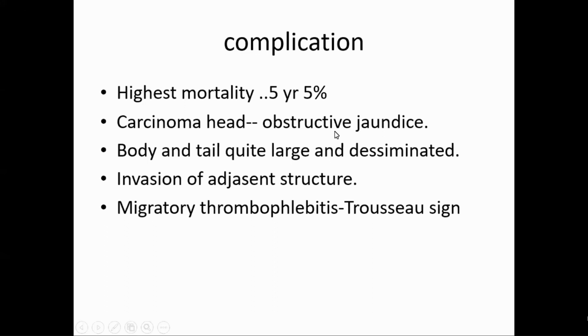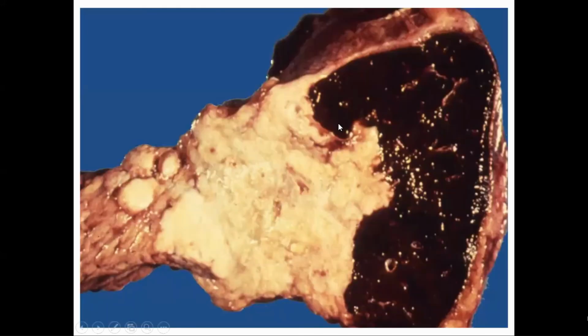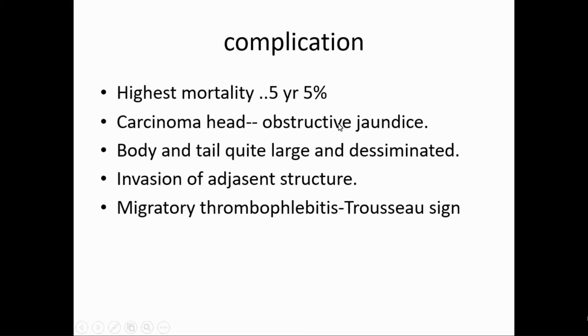And this jaundice is painless jaundice, and the gallbladder will be enlarged. So painless jaundice with enlargement of the gallbladder, when you have ruled out gallstone, is the sign of carcinoma of the head of pancreas.